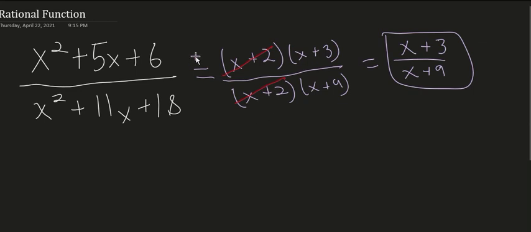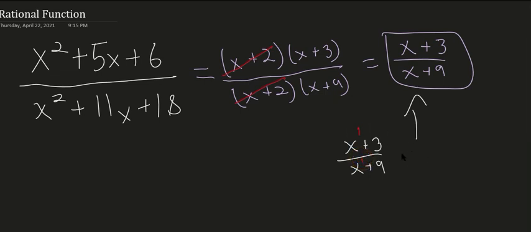Now to get the horizontal asymptote, we look at this, and we can see that x plus 3 and x plus 9 have a degree of 1.